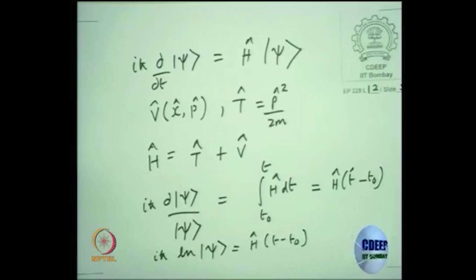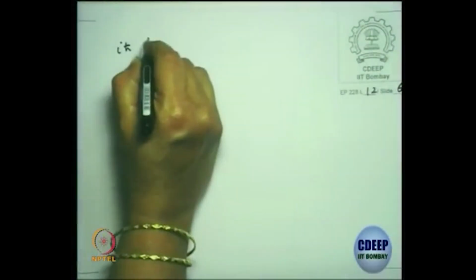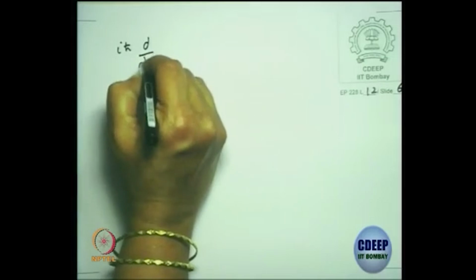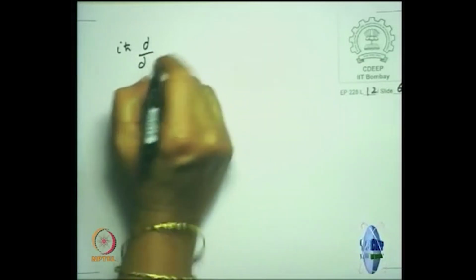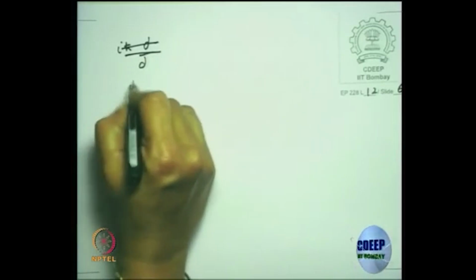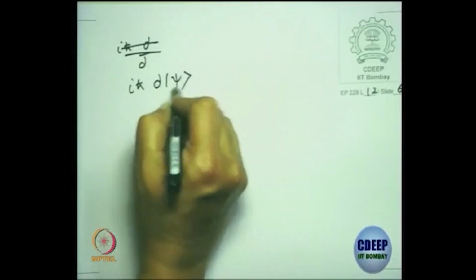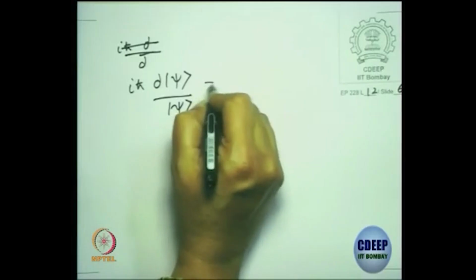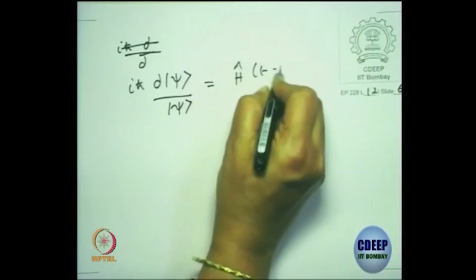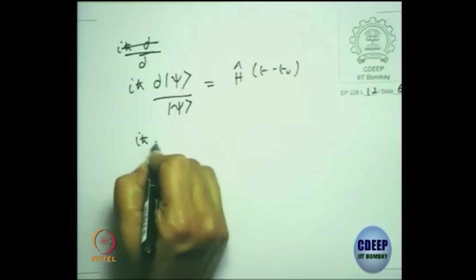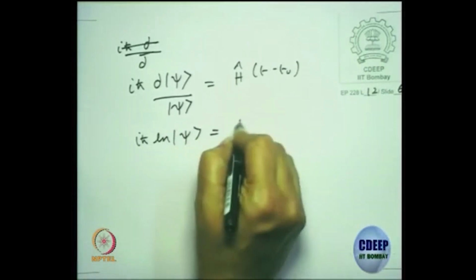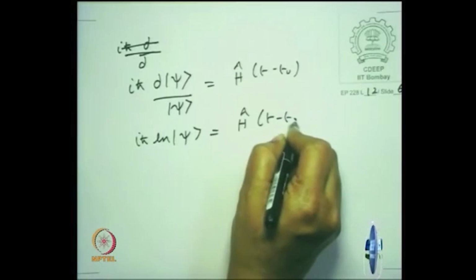And take the exponential on both sides, and then you will get, so we have i h cross del psi by psi equal to H (t minus t naught). i h cross log psi is H (t minus t naught).